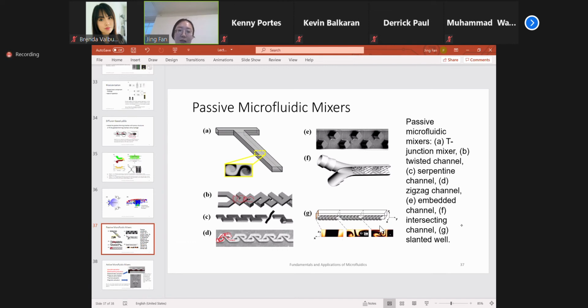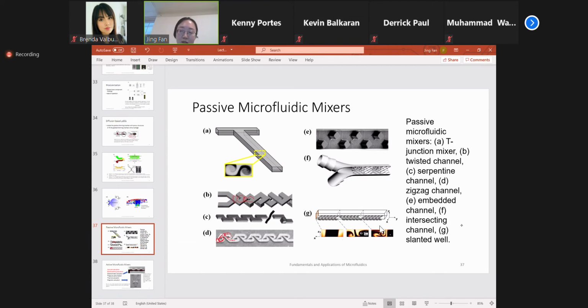Then another type of passive microfluidic mixer is by including some extra structures in the channel. For example, in panel E, this is a channel with some embedded barriers. The embedded barriers, which are these square-shaped pillars, disturb the initial flow streams to enhance chaotic mixing.